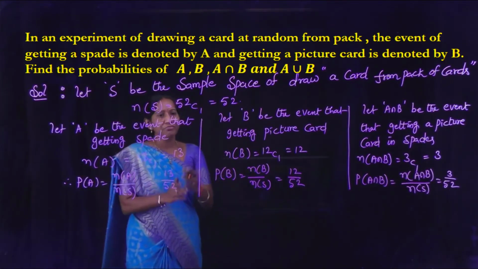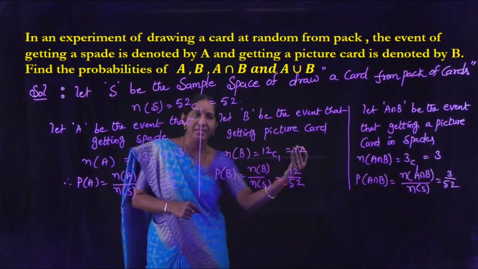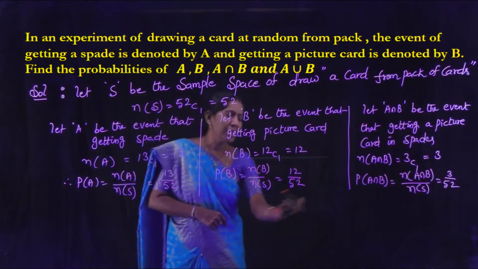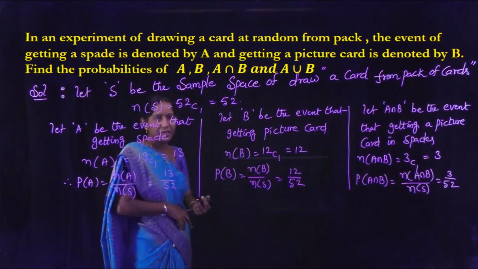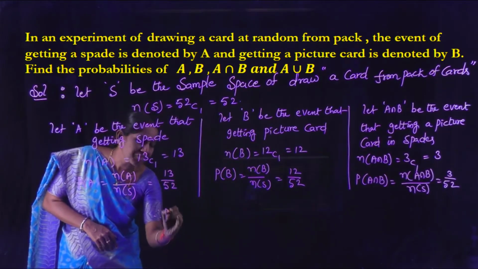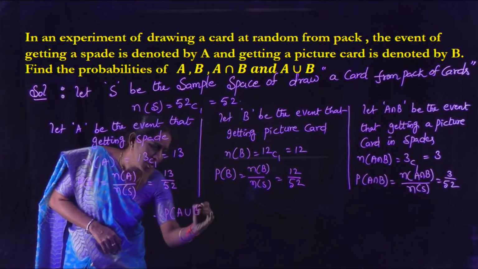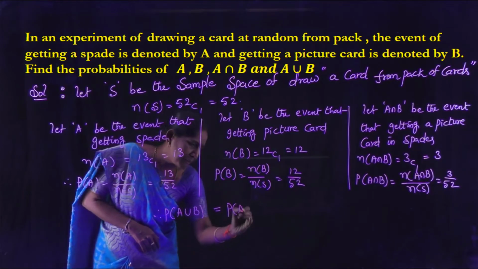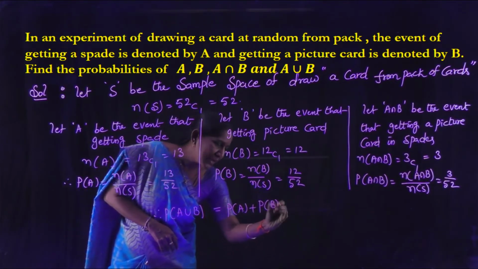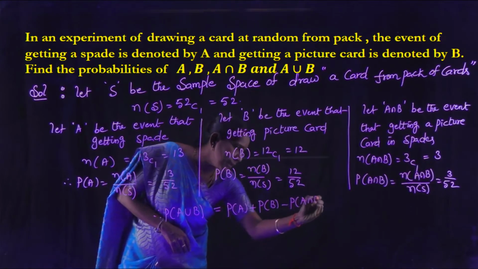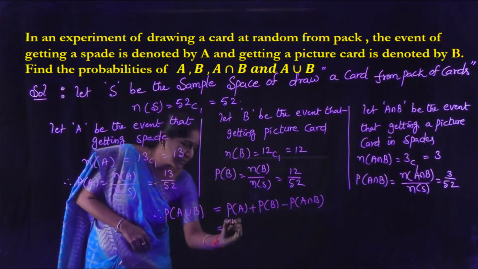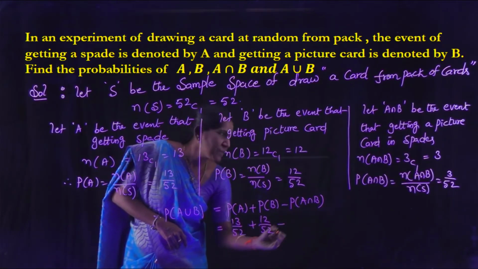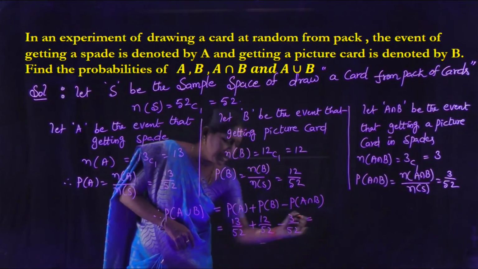So now we know P of A, P of B and P of A intersection B. In this problem we want to find P of A, P of B, P of A intersection B and P of A union B. Next we want to find P of A union B. By the addition theorem, P of A union B is P of A plus P of B minus P of A intersection B. Write the values: P of A 13 by 52 plus P of B 12 by 52 minus P of A intersection B 3 by 52.